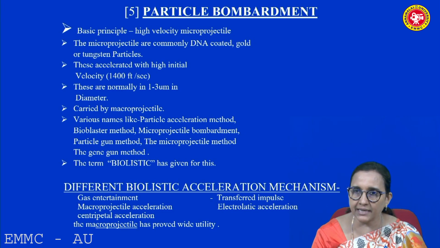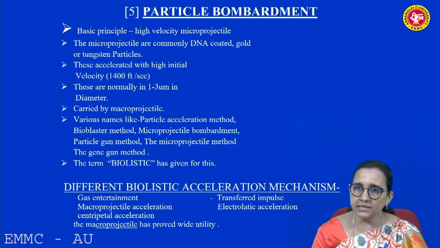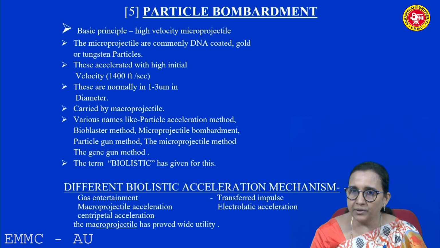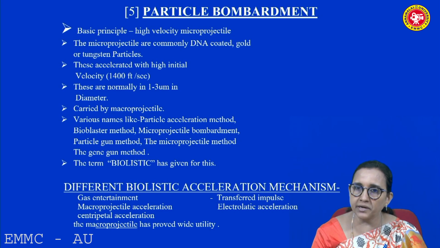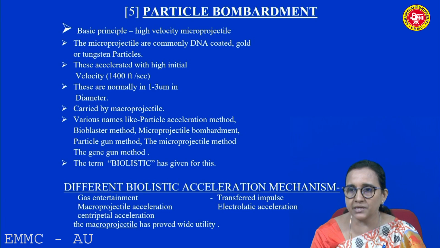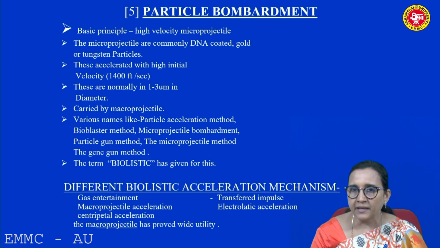The equipment is like a gun, and we are using bullets here. The bullets are nothing but particles, gold or tungsten particles coated with the foreign DNA. These are used as bullets inside this equipment, which works on the principle of a gun.